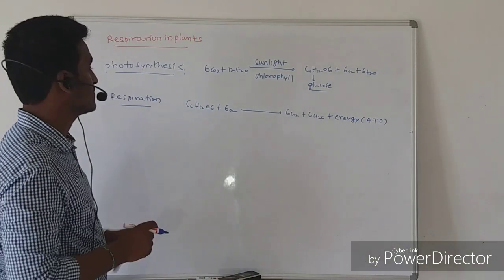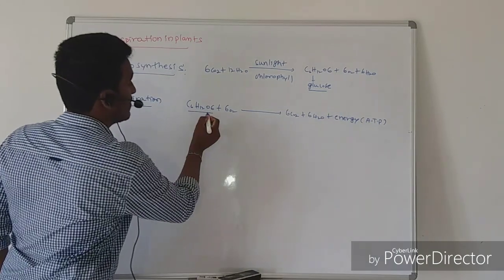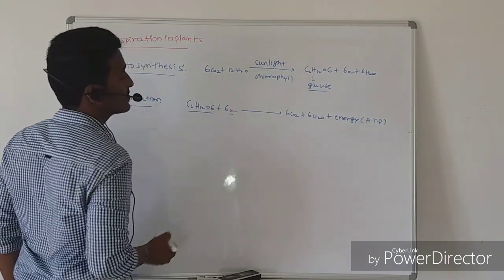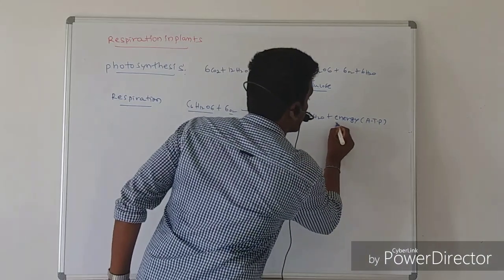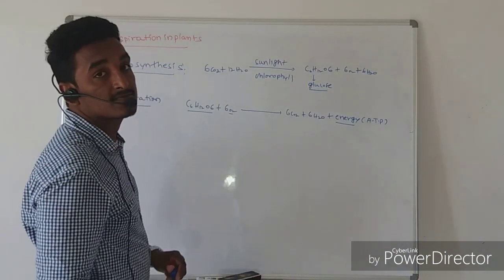A complex compound is oxidized with the help of O2. As a result we get energy, which is used to perform various types of functions.